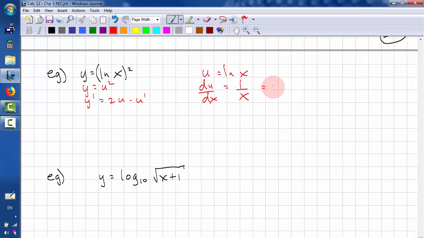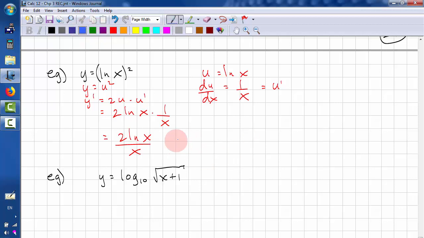And this is u prime. Now we substitute everything back in. There shouldn't be any u's left over when we substitute it back in. So we have 2 ln x times 1 over x. And we'll just clean up the notation here. So 2 ln x over x.